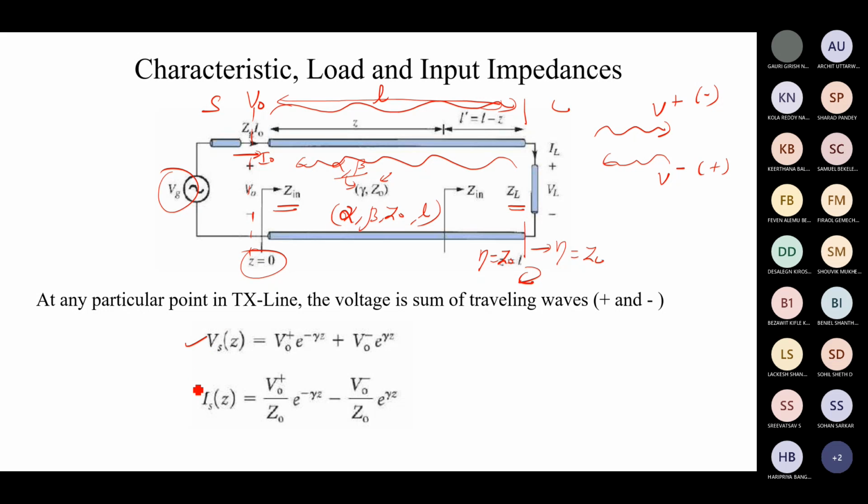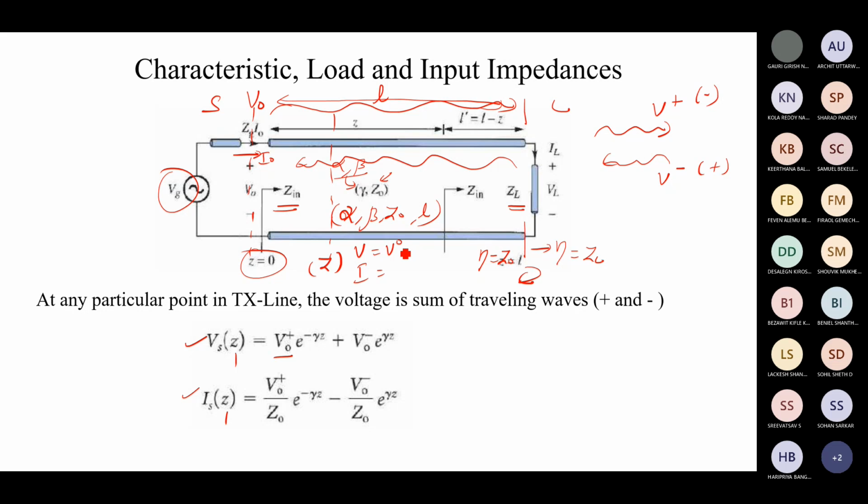So by the way, the voltage and current at any particular location Z can be described by means of the summation of the incident and reflected components. So what is the meaning of that? You take any particular point. If you want to calculate the voltage and current at that point, what you have to do?